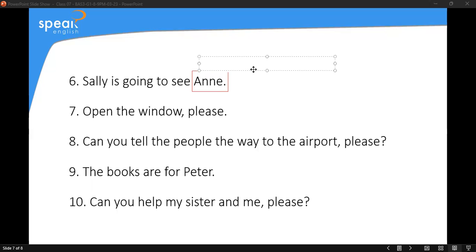Her. She is the subject. The object pronoun is her. Okay, let's check number 7. Can you read number 7, please, Maria Rivera? Just read number 7. Read the sentence.